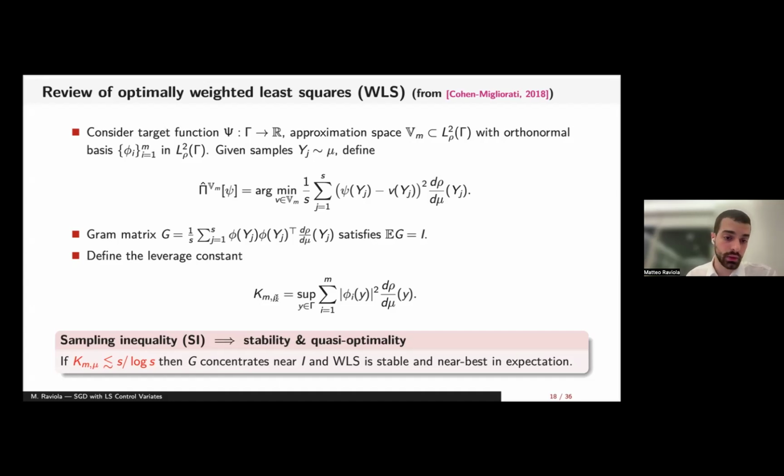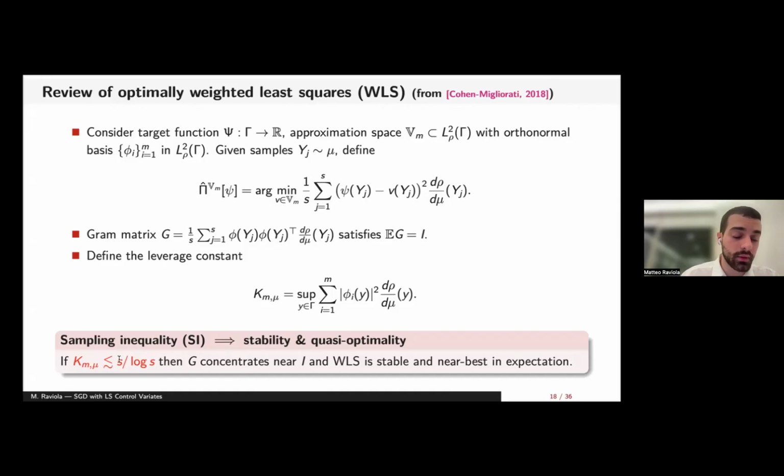And there is this result from Cohen and Migliorati, which says that essentially, and here is the key, if the sample size, so S over log S, is greater than something that scales like this K of M and mu, then the Gram matrix concentrates near the identity, and the weighted least squares is stable and near best in expectation.